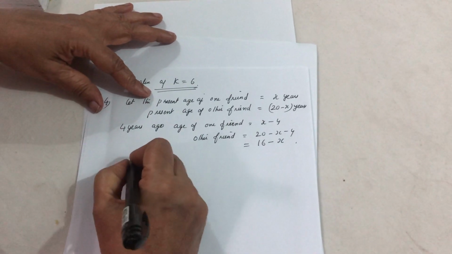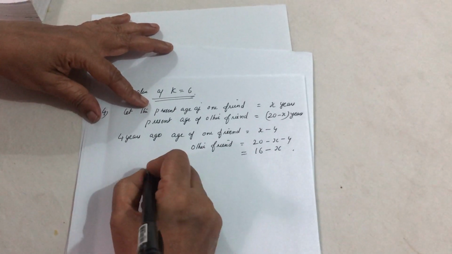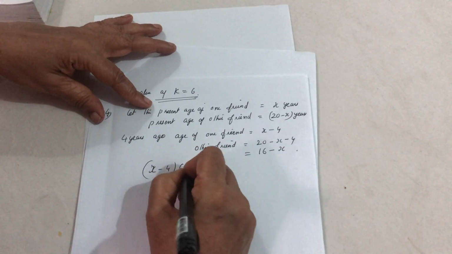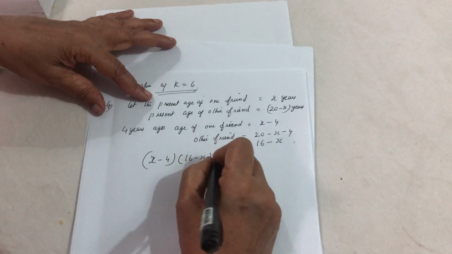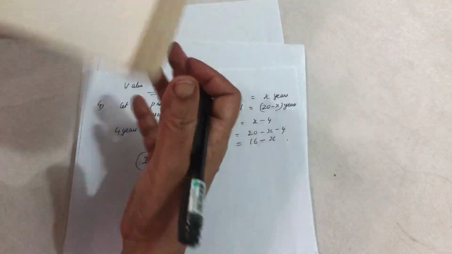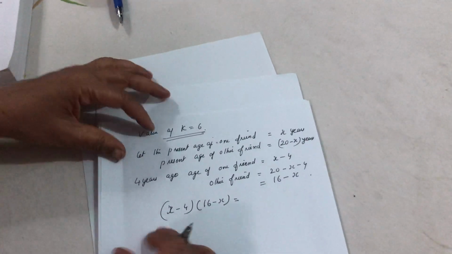Their product, x minus 4 into 16 minus x equal to, it is given, product is 48.